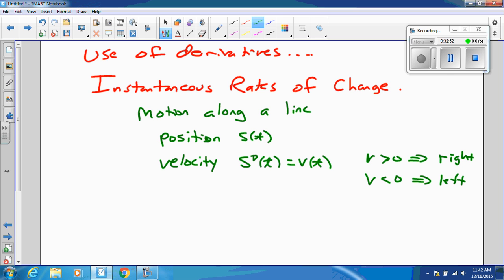And the reason for that is really simple. It is the instantaneous rate at which my position is changing. So, if my velocity is positive, my position is increasing through that time. You see it? And if my velocity is negative, my position is decreasing through that time. What if my velocity is 0? What do I call that?